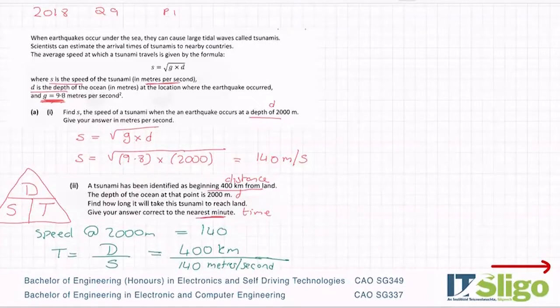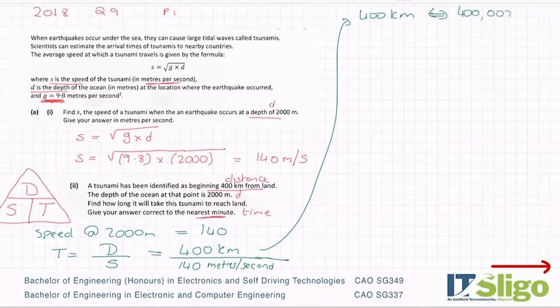So the easier one to convert is to convert kilometers to meters. And that word kilo, it means 1,000. So 400 kilometers is the same as 400 with 3 zeros meters.